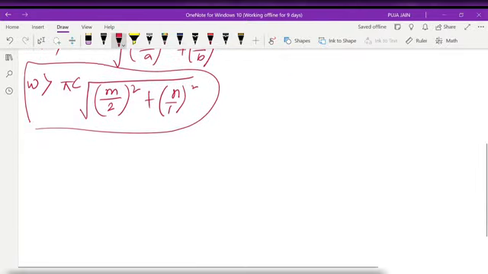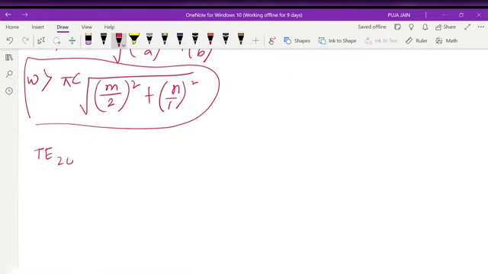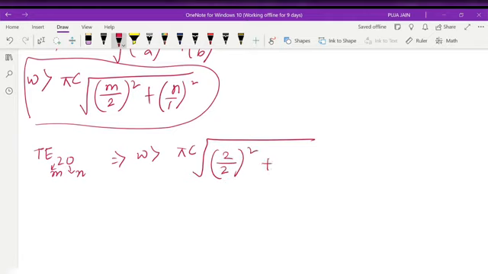So first we will do TE20. This is the m value and this is the n value. So omega must be greater than pi c root of (2 by 2) square, n is 0. So 2 by 2 is 1. So omega must be greater than pi c. They have said omega is equal to 10 to the power 9. Is this greater than pi c?